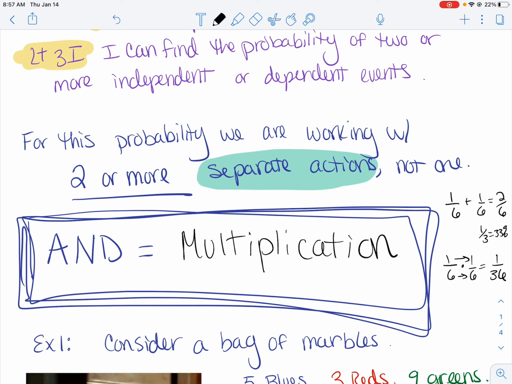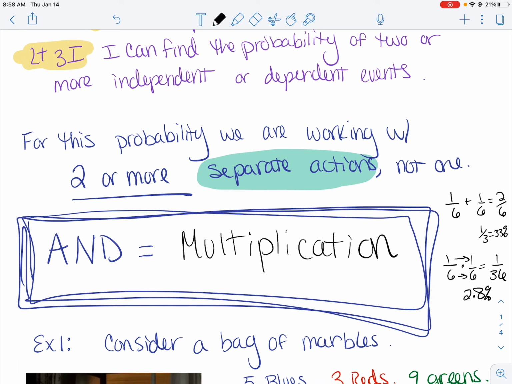That would give us 2.8%, okay? So you should expect your probabilities to be a lot smaller here because it's much harder to do something in two separate actions and get exactly what you want than it is to just perform one action, just roll that die once and get multiple outcomes, okay?